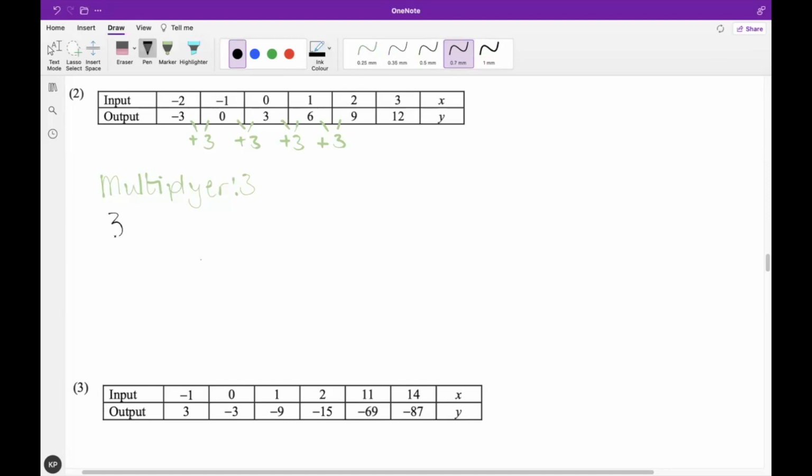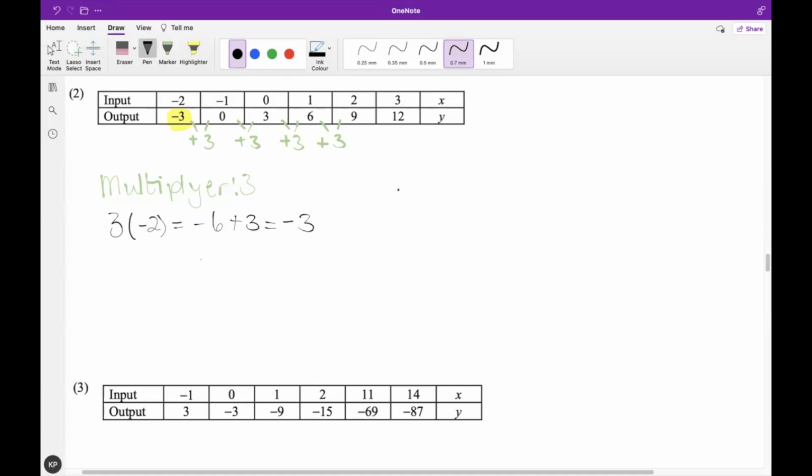If I say 3 times -2, what's 3 times -2? Nice, Maureen. A positive and a negative gives us a negative, and 3 times 2 is 6. But my desired outcome here is negative 3. So how are we going to get from negative 6 to negative 3? I'm going to add 3. So that is negative 3.